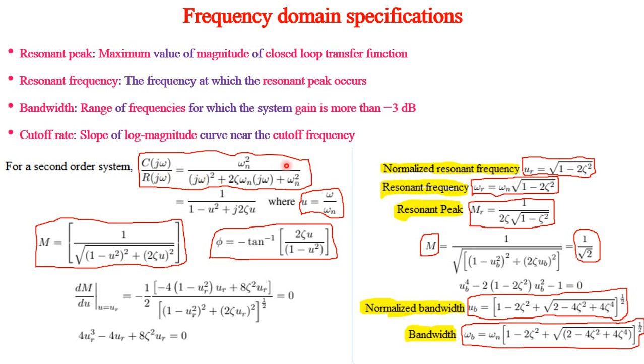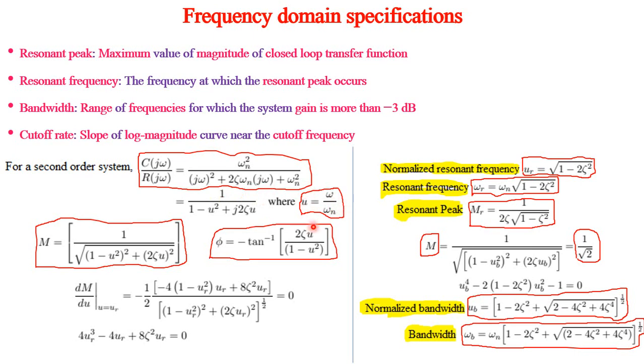So wherever we have s in the C(s)/R(s) expression in the second order system, we have replaced s with j omega, that's all. So omega n square by (j omega) square plus 2 zeta omega n (j omega) plus omega n square. So here I am making a substitution.